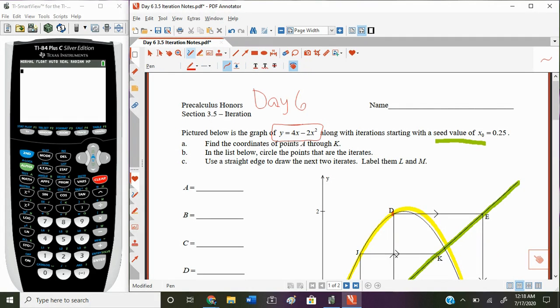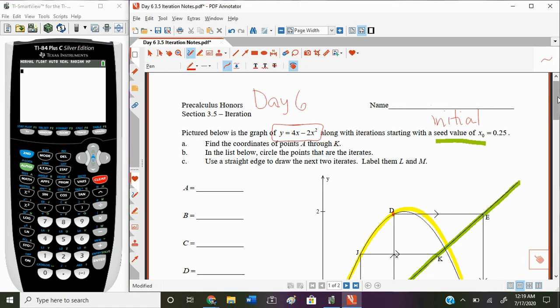It's an initial value. So that's what a seed value is. This is your initial or starting value of 0.25. We're going to use that information. We could have any starting value along with this exact parabola, and it would change all of our answers.